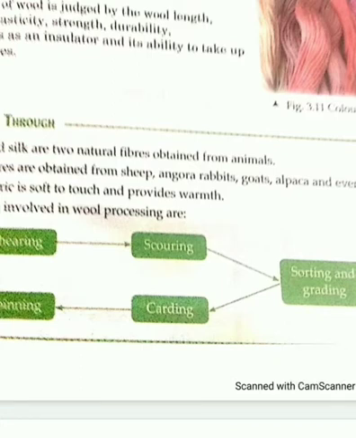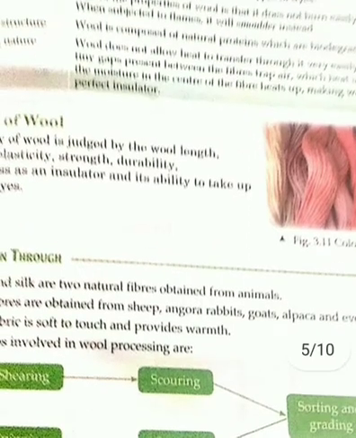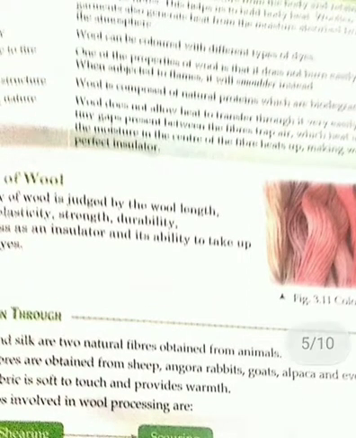And here a short recap was given of what you have learned till now. You have learned that wool and silk are the two natural fibers obtained from animals. Wool fibers are obtained from sheep, angora rabbit, goat, alpaca, and even from camel also.